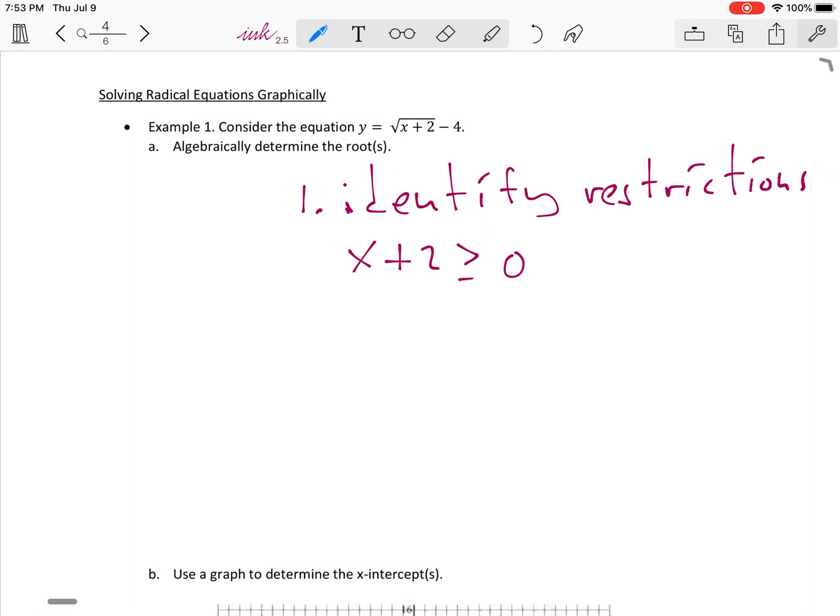So in this case, x has to be greater than or equal to -2. Why that's significant is when we solve, especially if we get multiple answers and one of them violates that, then it's what we call extraneous. It cannot be a solution. Okay, so now we can solve.